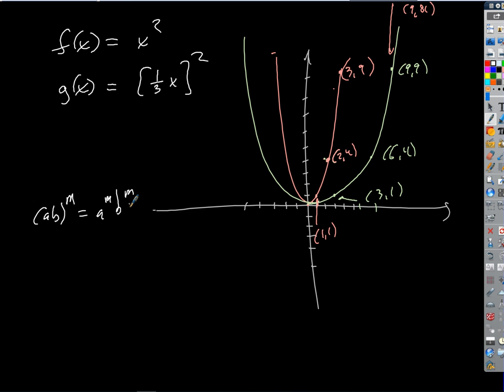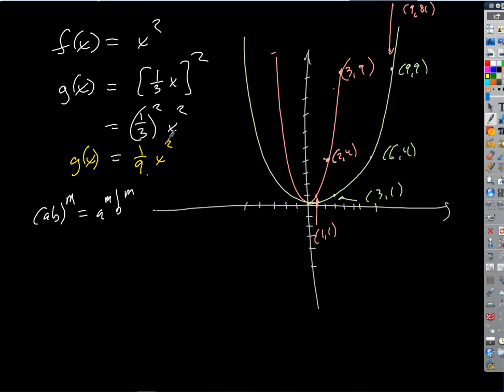So if I'm multiplying, I can distribute the power, right? So this would just look like 1/3 squared times x squared. Well, what's 1/3 squared? 1/9. So another way I could write this, if I wanted to, I could write g of x as 1/9 times x squared. So what's being done there if I write it like that?